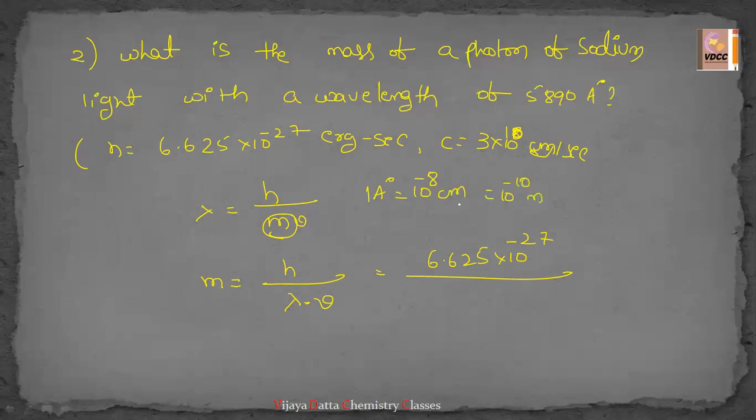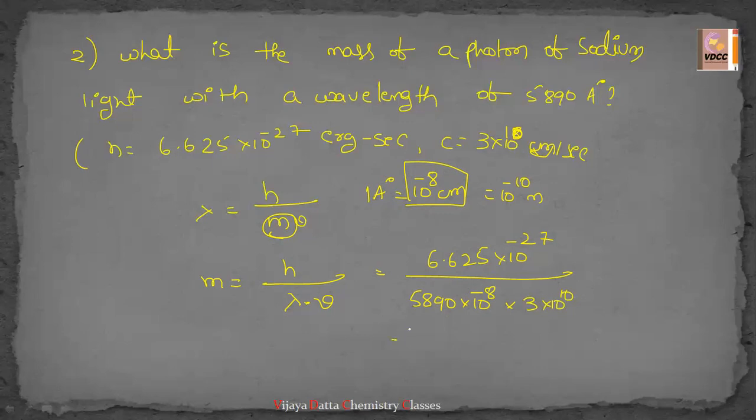This we want in centimeters. So lambda value is 5890 into 10 to the power of minus 8 centimeters, into velocity of light, 3 into 10 to the power of 10 centimeters per second. All the units are in centimeters that we have considered.